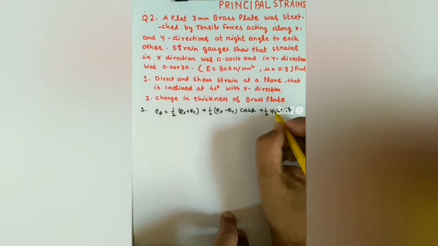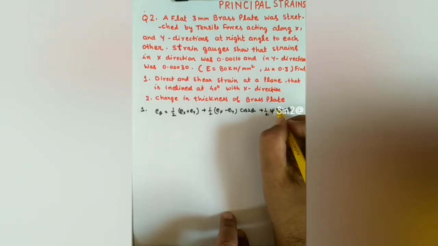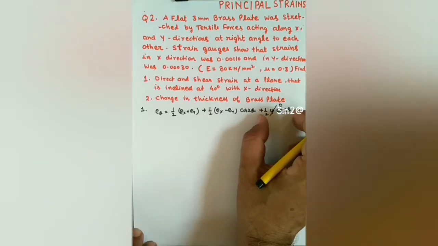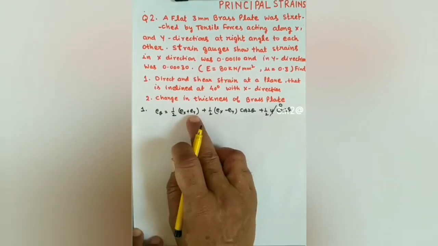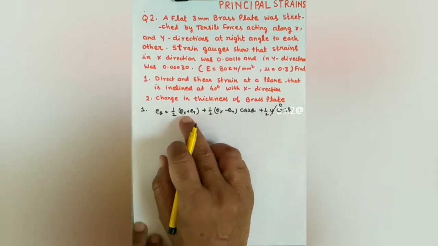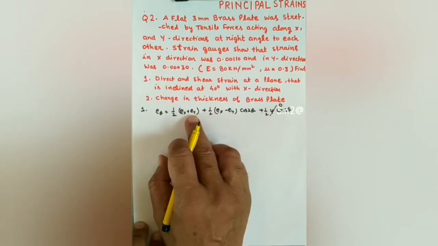In this case, since there is no shear strain, the psi is 0, so this term altogether cancels. Ex and Ey are epsilon x and epsilon y, the strains in x and y direction respectively.